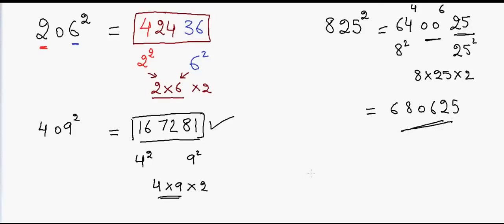If you practice, then you can always do this calculation without even writing it on paper. Now, let's look into how this trick works. Any three-digit number can be written in the following form: 100x plus y.